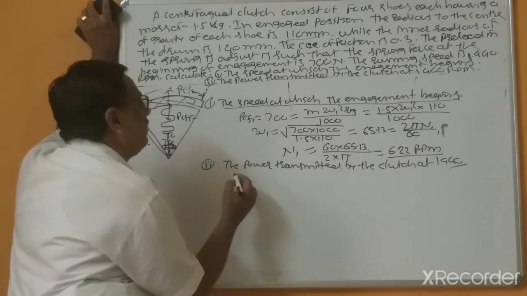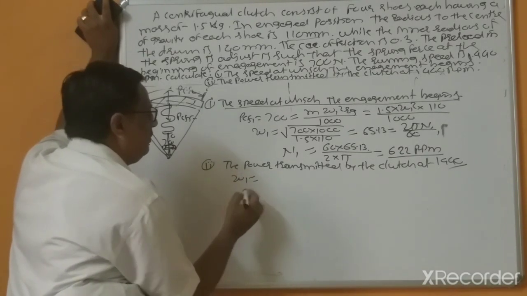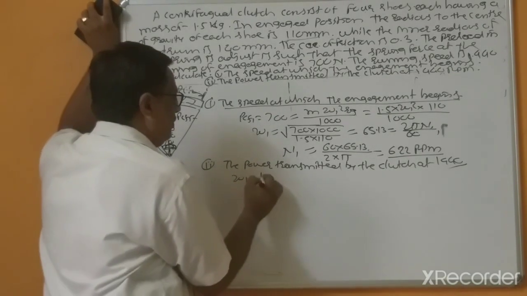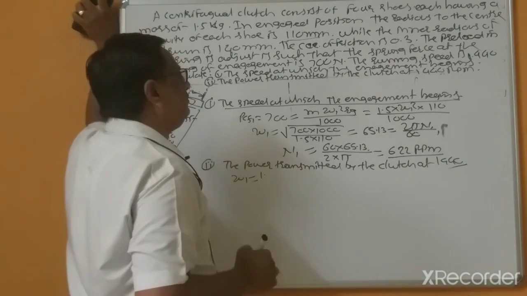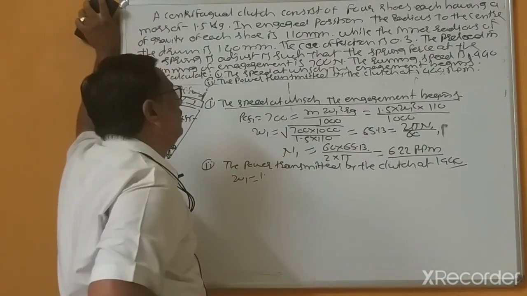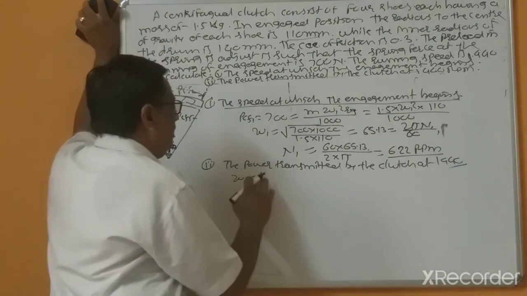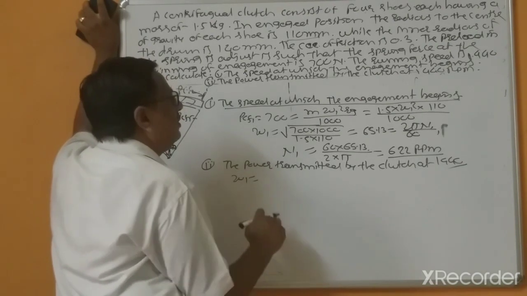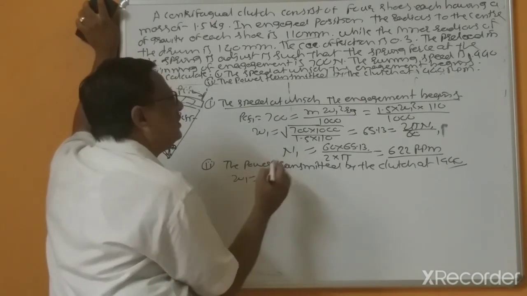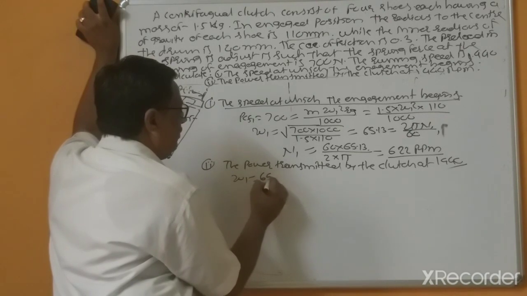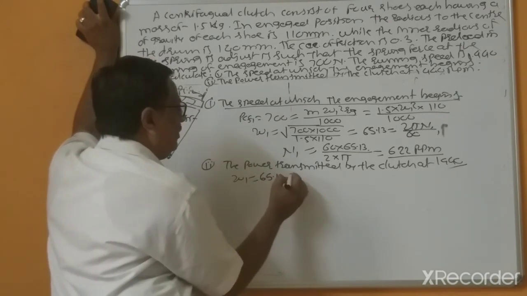First we will calculate omega 1, which is 65.13; we already calculated it.